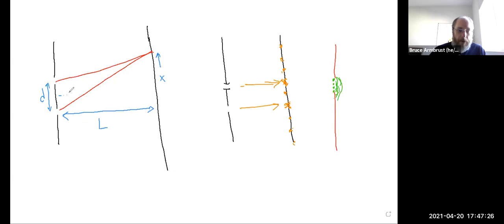Right now, what I really should do is go from the midline. But let's look and see why it has to be where it is.